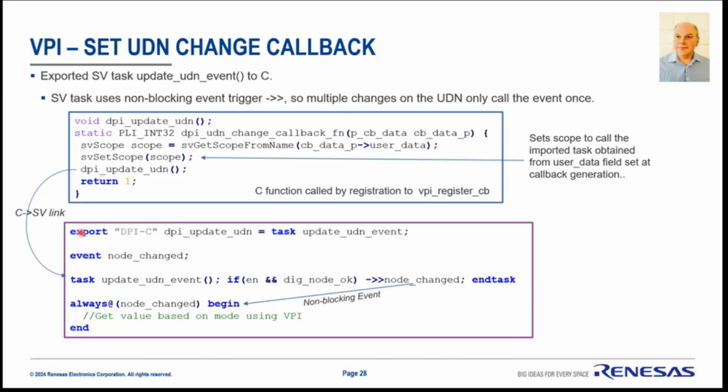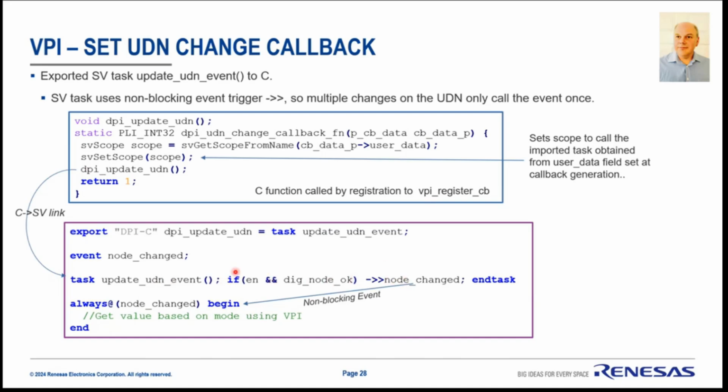That function is the opposite way around. I'm basically saying this C function actually calls this SystemVerilog one. And so in this case here, when that's called in the C layer, it actually calls this task here, which then calls this bit of code here.